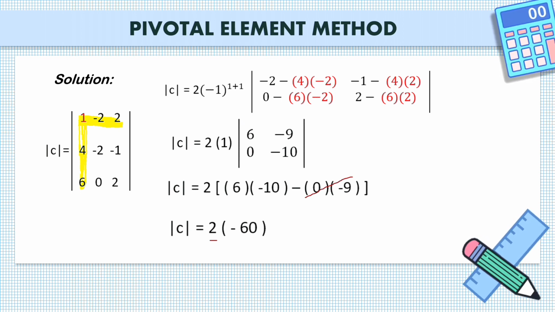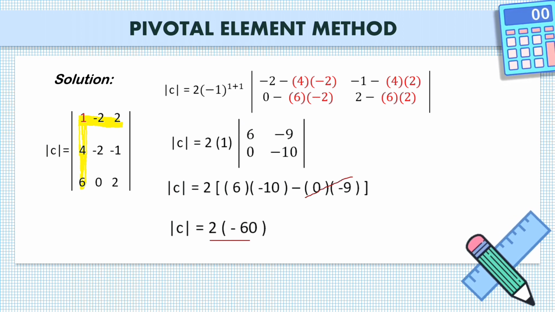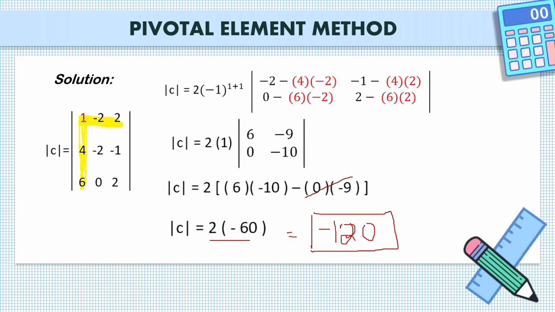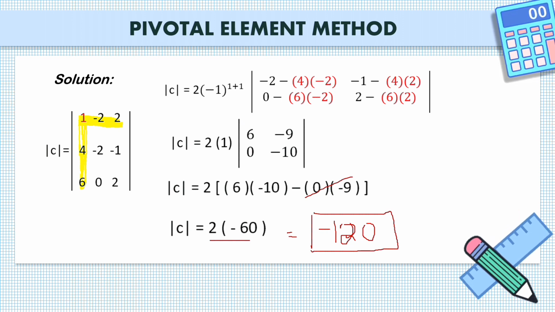So, ang natira na lang natin is 2 and -60. So, 2 multiplied by -60 is equals to -120. So, our final answer in our given example number 2 is -120.